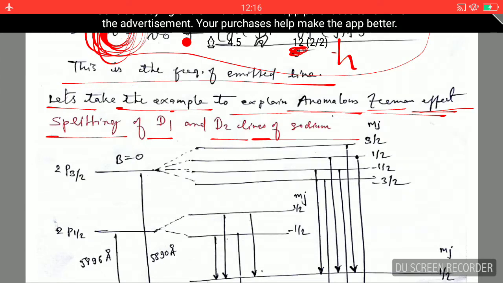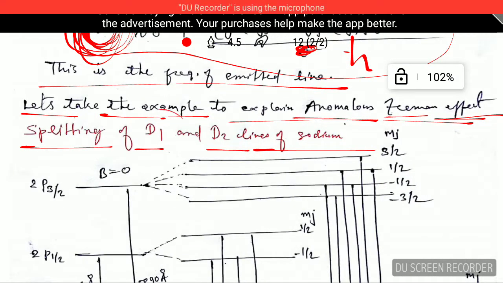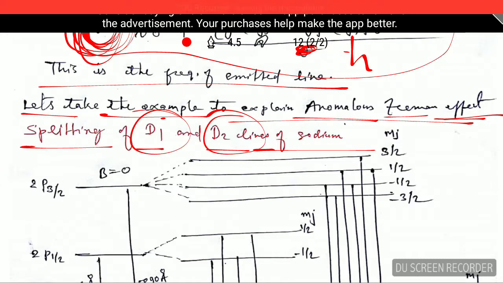Here we have taken an example to show the anomalous Zeeman effect. We are taking the splitting of the D1 line and D2 line of sodium.